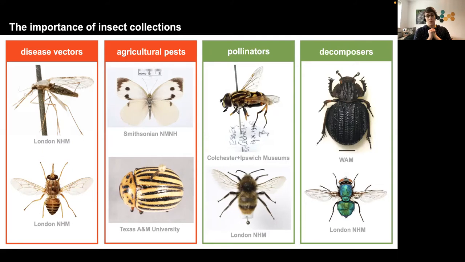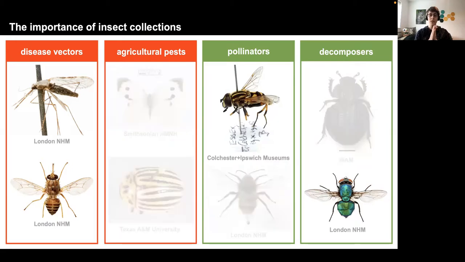And so these are really important historic collections because we can see how these species changed morphologically. And by the end of this talk, I will also hopefully convince you genetically. What is even more interesting is how many of these fall into the group of flies.